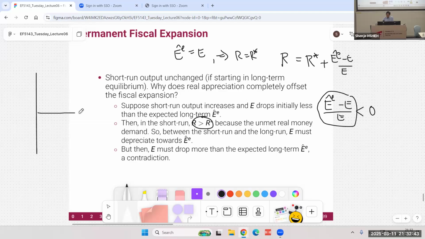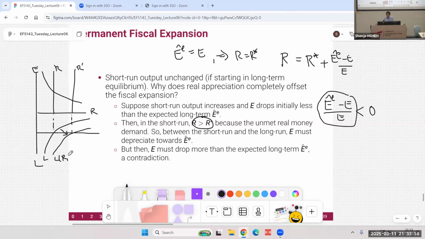So let's see. Maybe another way to see this. If we have an actual output effect, recall this model, E versus R versus L. If Y increased, there's an output effect, so let's put a Y prime here.